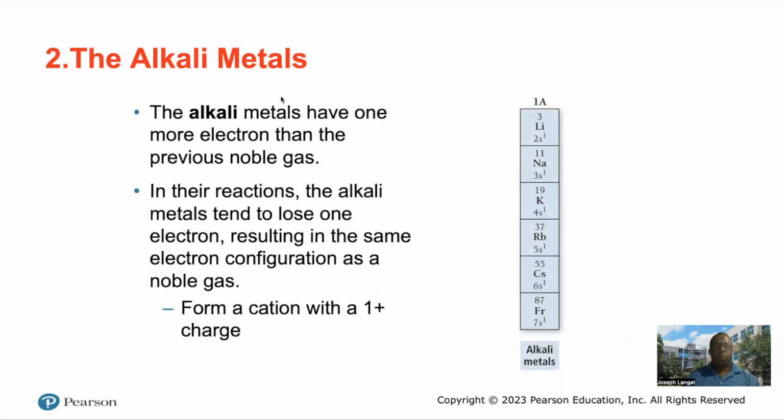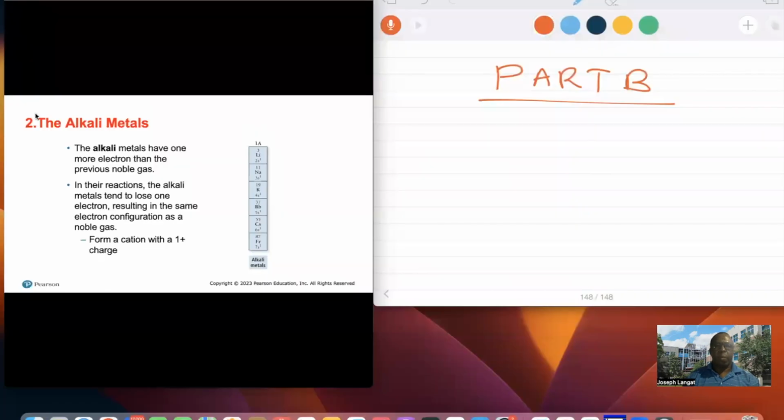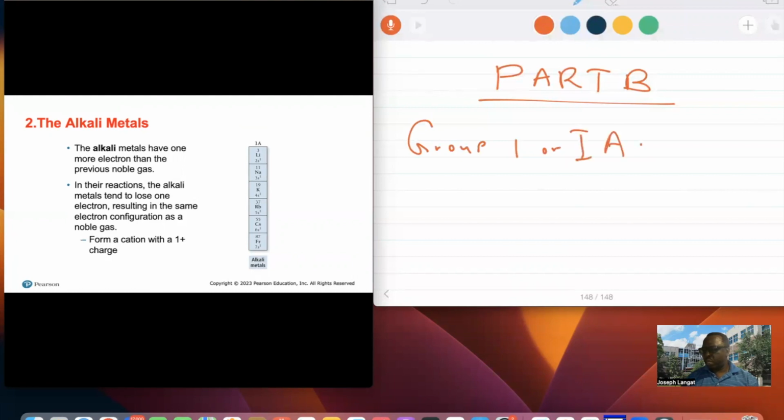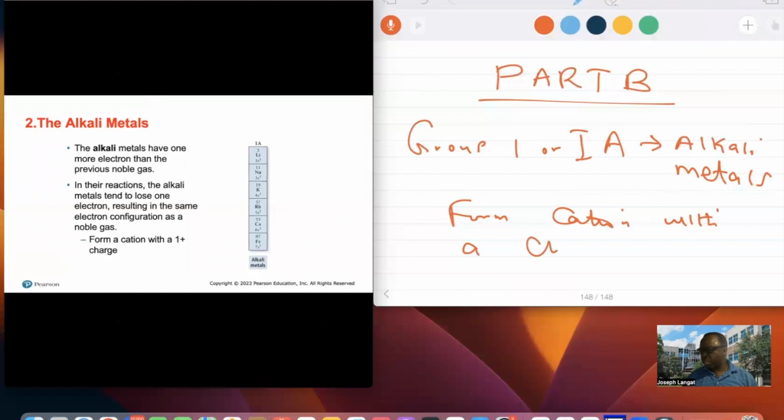Alkali metals, which is group 1, remember how we name groups, group 1A on the main group. These are alkali metals. They are very reactive because the 1 electron in the outermost shell is easily lost to form a cation. So they form a cation with a charge of +1.